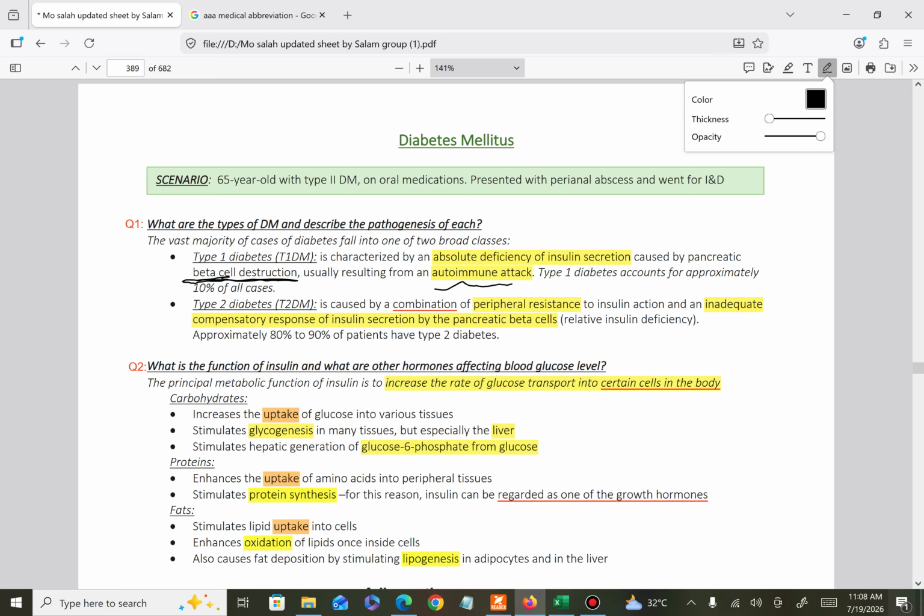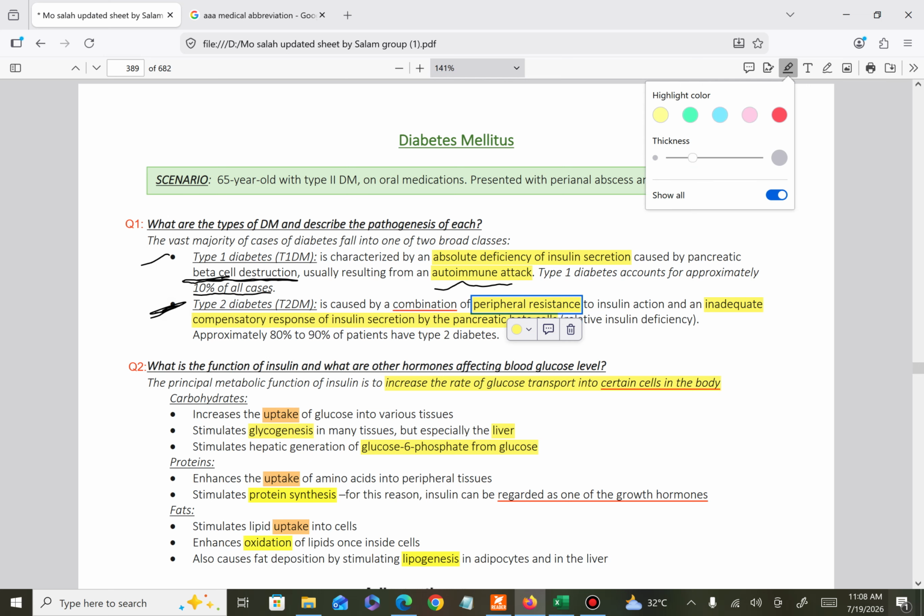Type 1 diabetes accounts for approximately 10% of all cases. Then the second type is type 2 diabetes. It is caused by a combination of peripheral resistance. So the first mechanism is peripheral resistance to insulin action.